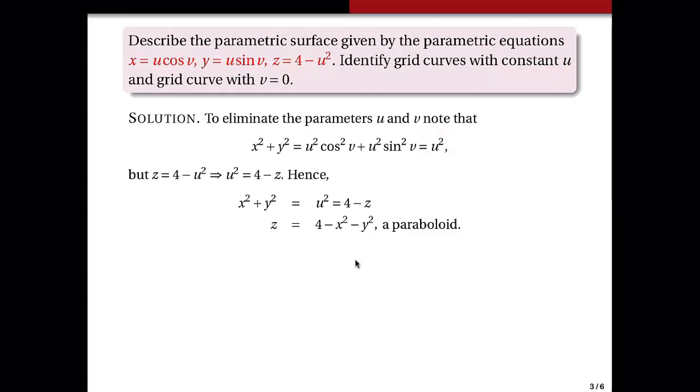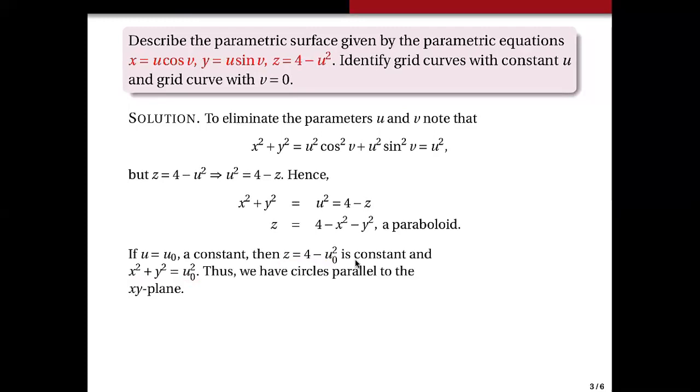And you'll see those circles. So if u equals u naught, which is a constant, you will have z equals 4 minus u naught squared. This is constant, and therefore it's a circle.